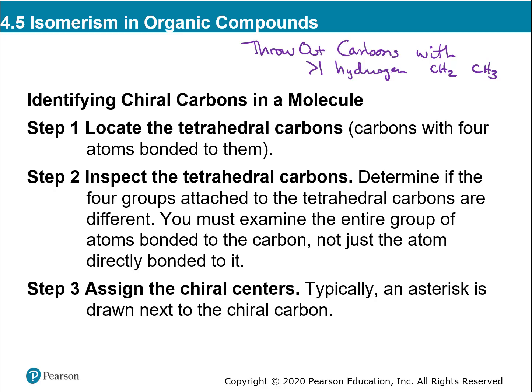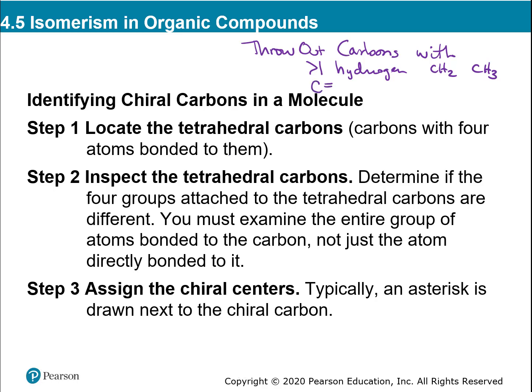With more than 1 hydrogen, you can't make non-superimposable mirror images. I can make them match because 2 of the groups would be identical, so I could match the other 2. It has to have less than 2 hydrogens directly connected to the carbon, and you cannot have any double bonds.